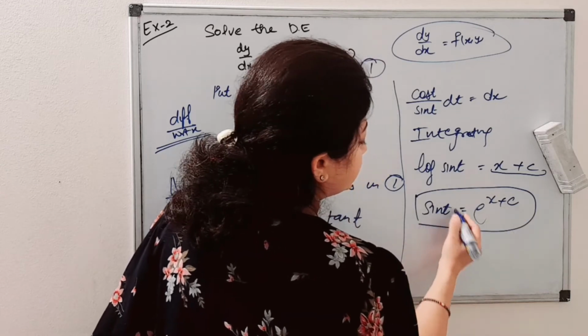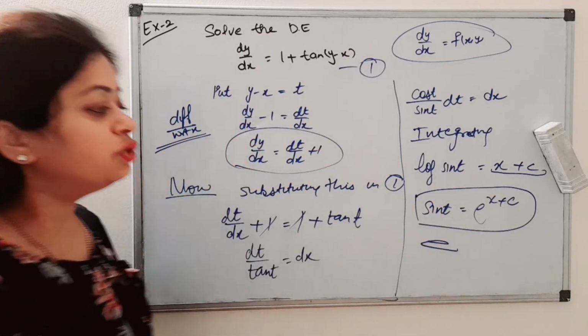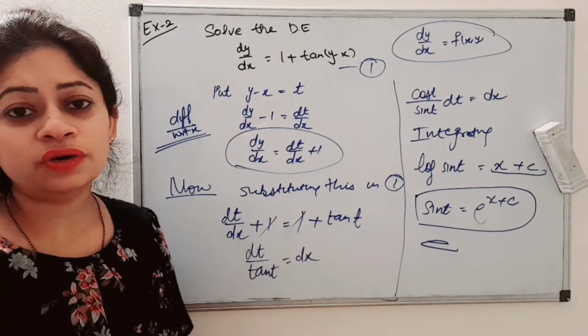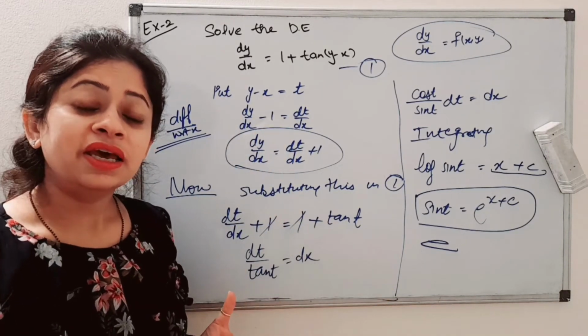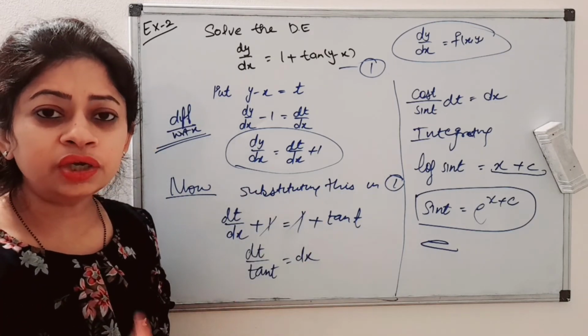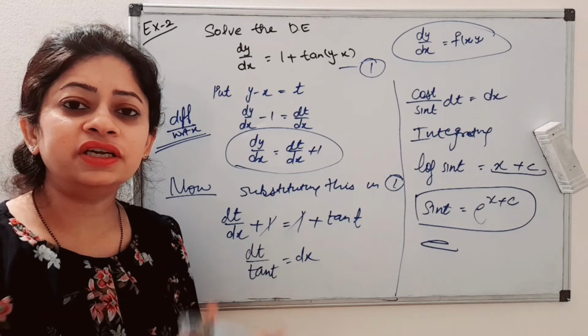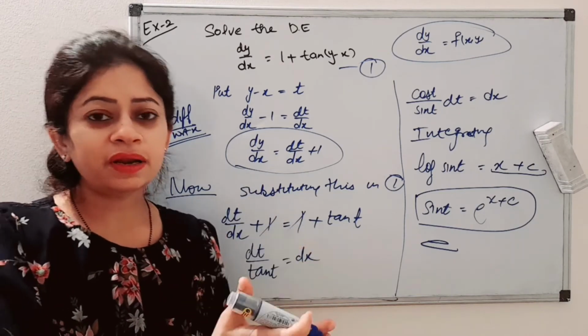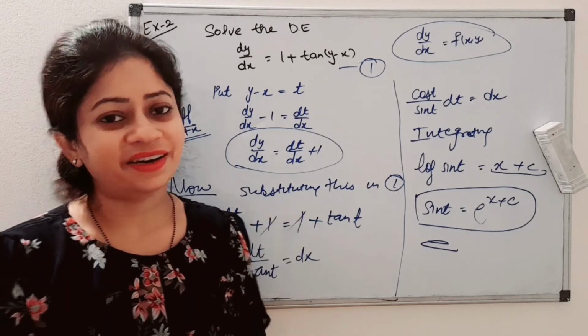So this is the solution: sin t is equal to e raised to power x plus c. So by this method also you can solve some differential equations in which you need to substitute something. By substituting you can convert the differential equation into variable separable form, and where variables are separable, you can just integrate and find the solution.